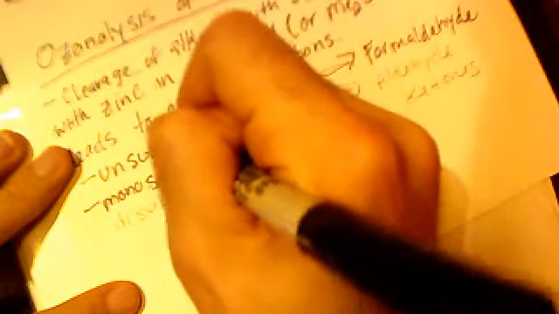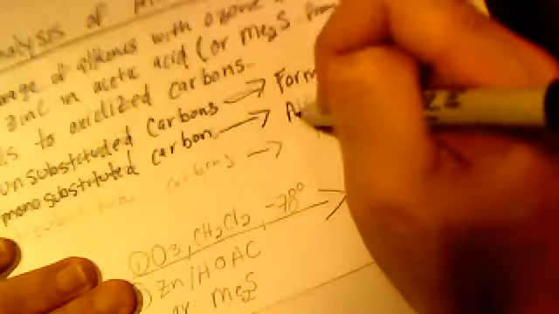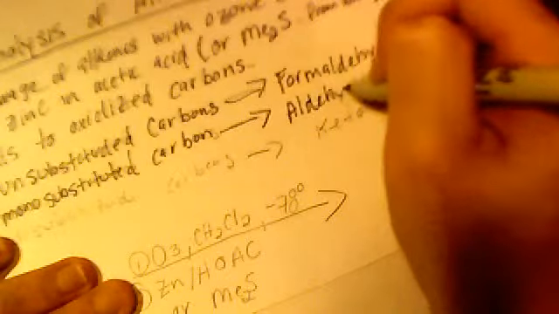If it is a monosubstituted carbon, it turns into an aldehyde. And if it's a disubstituted carbon, it becomes a ketone.